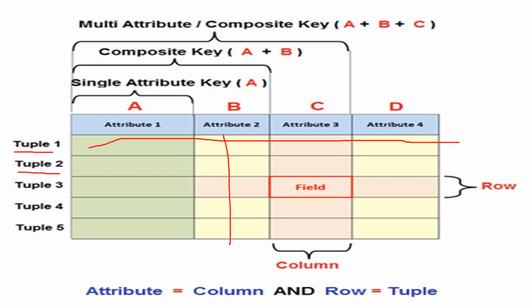When we have one attribute, we call it a single attribute key. But if we have two attributes, we call it a composite key, like A plus B. But if we have three or more attributes, then we call it a multi-attribute or composite key.